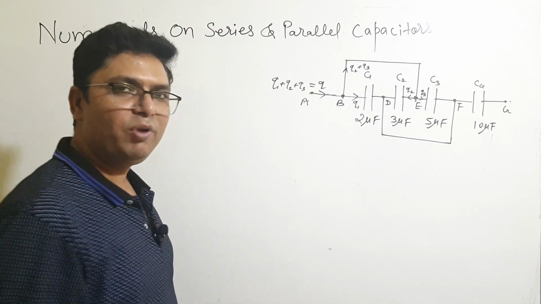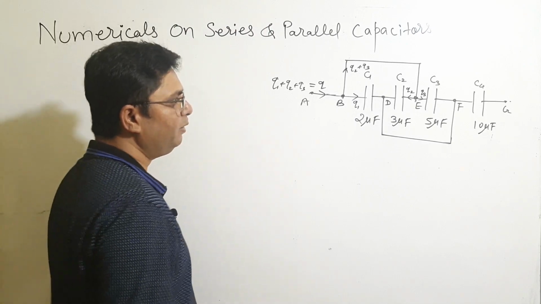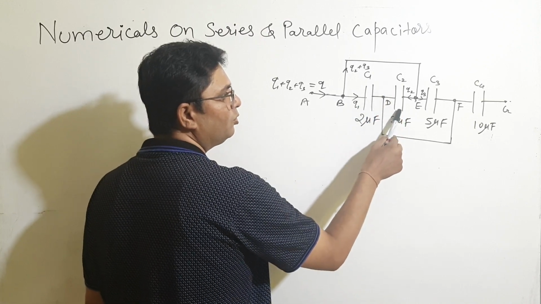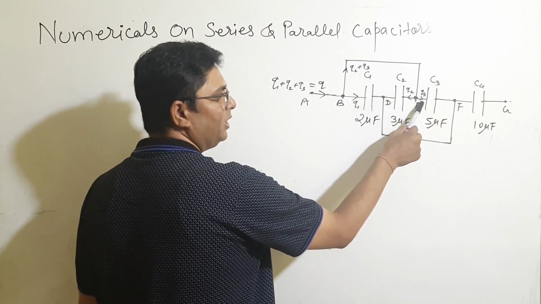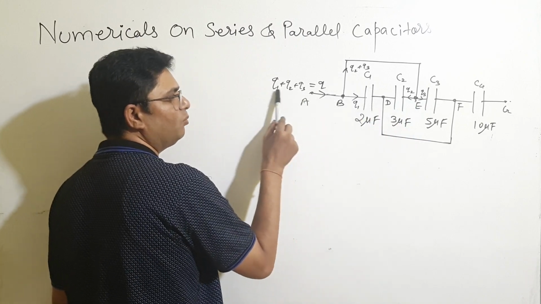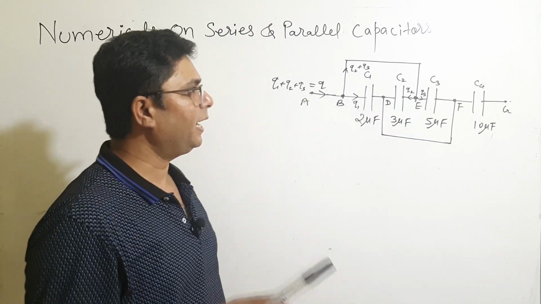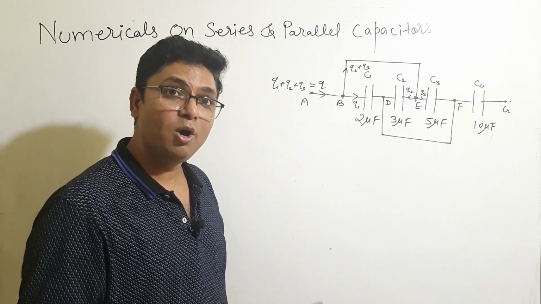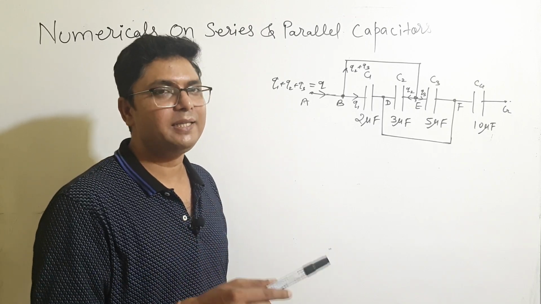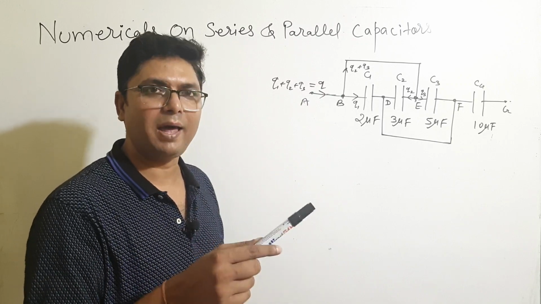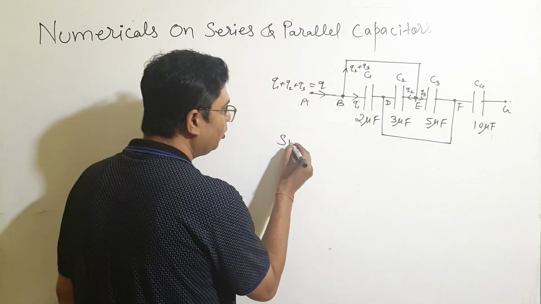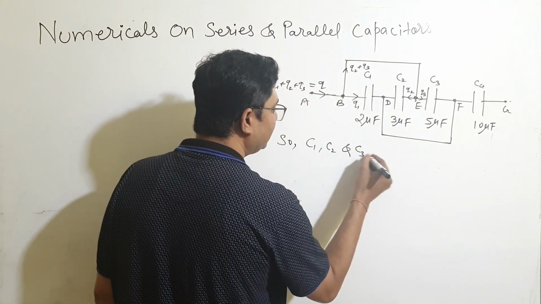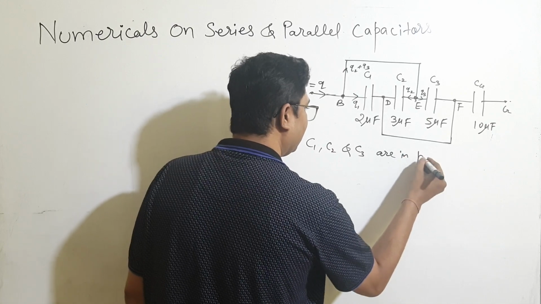Thus, what we are seeing here is that capacitor C1 has Q1 charge, C2 has Q2 charge and C3 has Q3 charge, and these charges sum to Q. This means that C1, C2 and C3 are in parallel, because when charges are divided, the capacitors are in parallel.